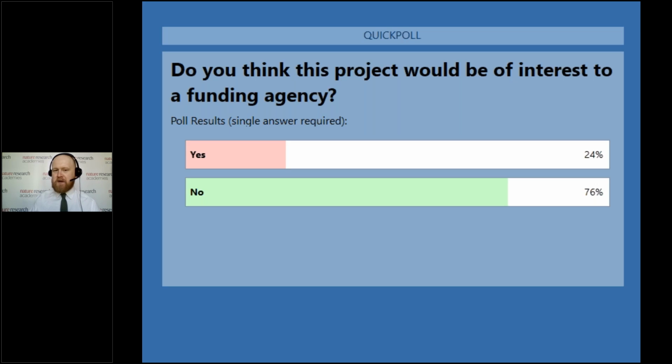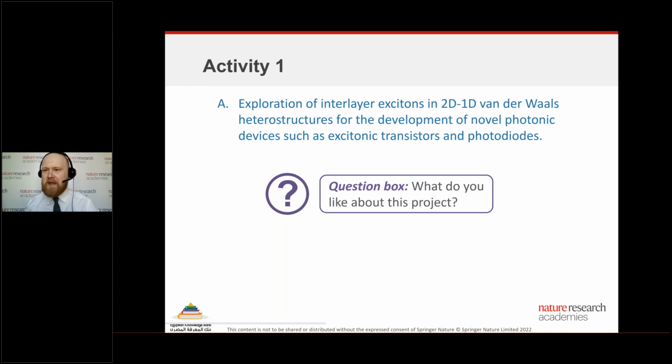I can see a large part of the audience have actually gone for no, 76%. So we don't like this project overall. Interesting. Let's hide that poll, please, Hala. So in the question box, please let me know what you like or what you dislike about this project.